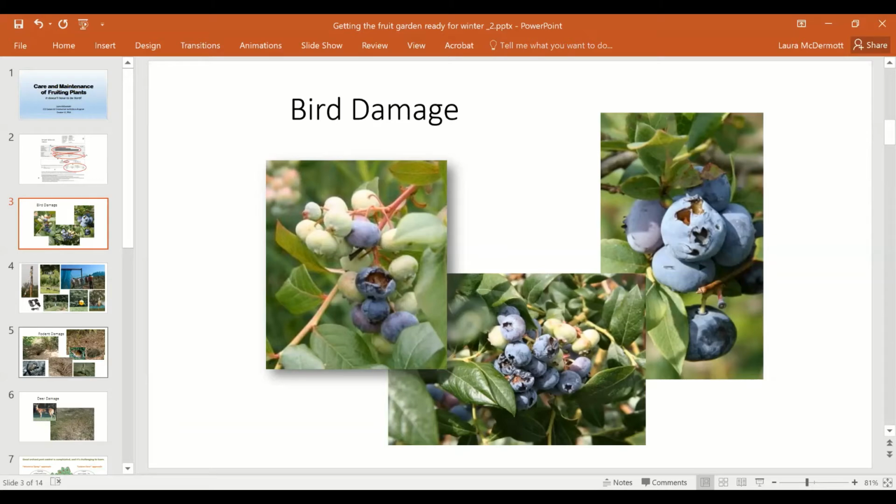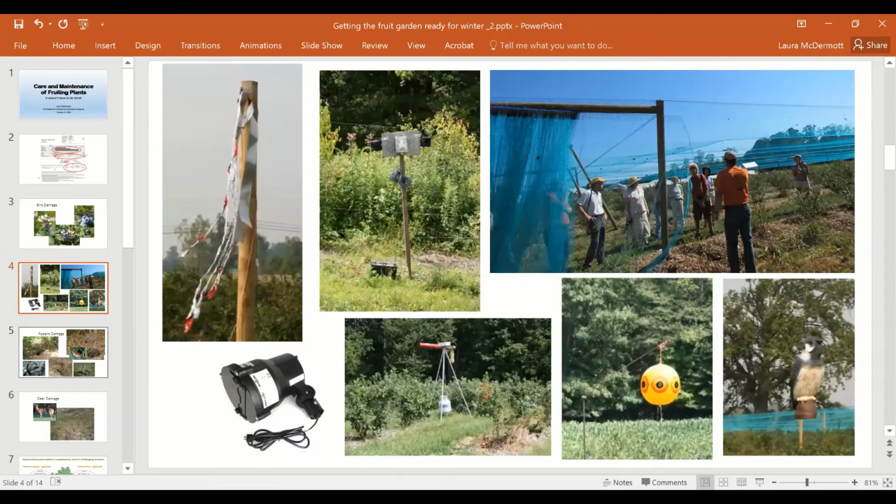They also will damage raspberries, strawberries, and certainly peaches. But for some reason, the bird damage is just astronomically greater in these crops. So really, if you're going to have a good thriving fruit planting, you're going to have to figure out what to do for the birds. And there's a couple of different things.